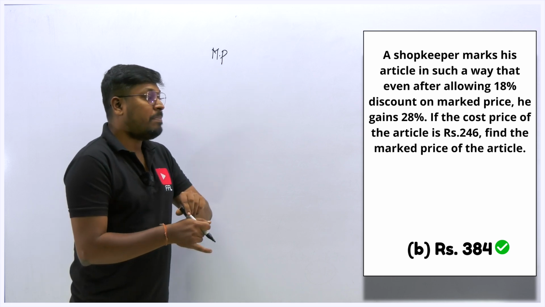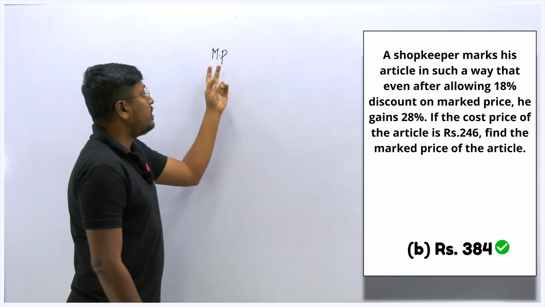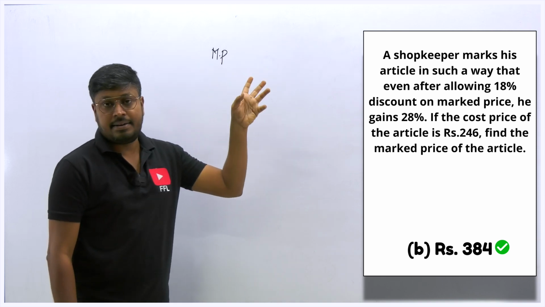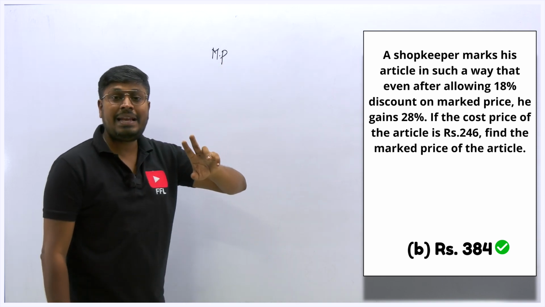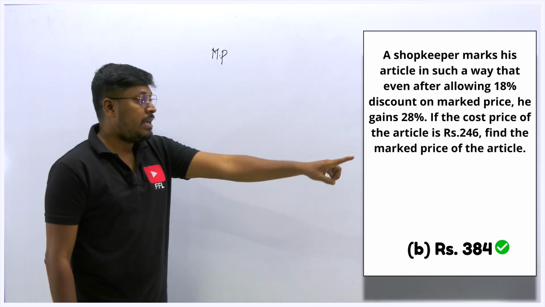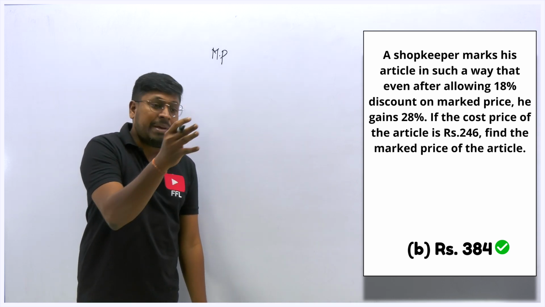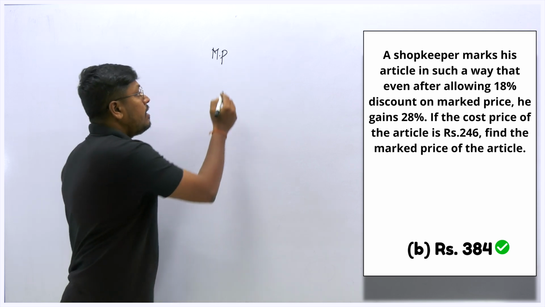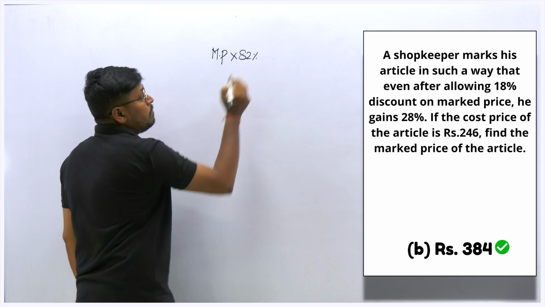Here a shopkeeper marks his article in such a way that he fixed some price as the marked price for an article. Out of this marked price he has given 18% discount, even after allowing 18% discount. So if he is allowing 18% discount, then from the marked price he fixed, he sold it for 82%.